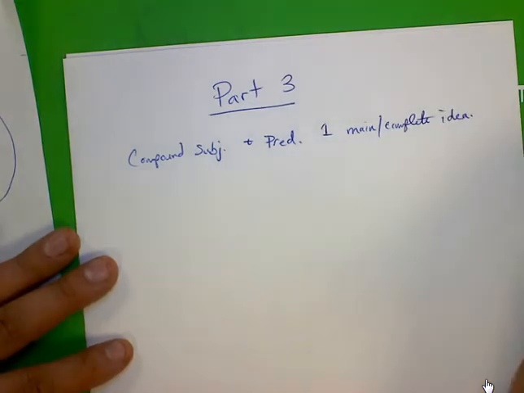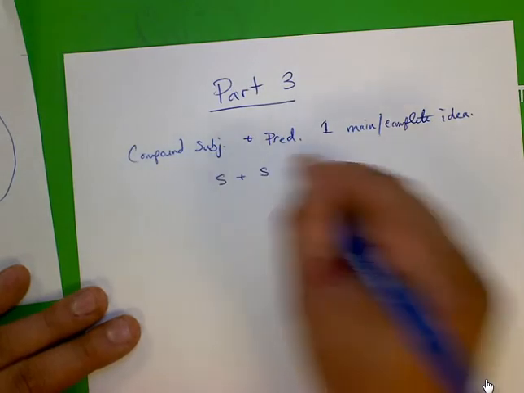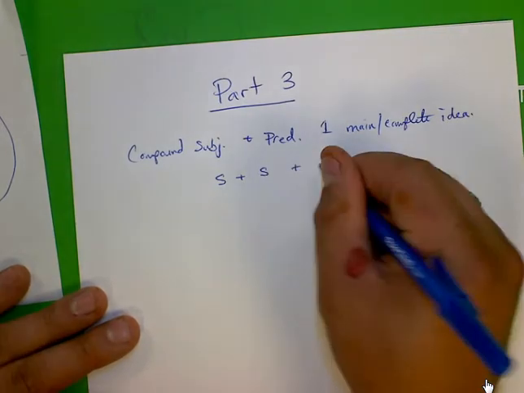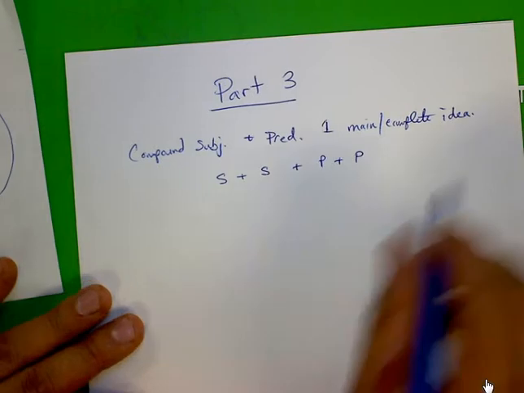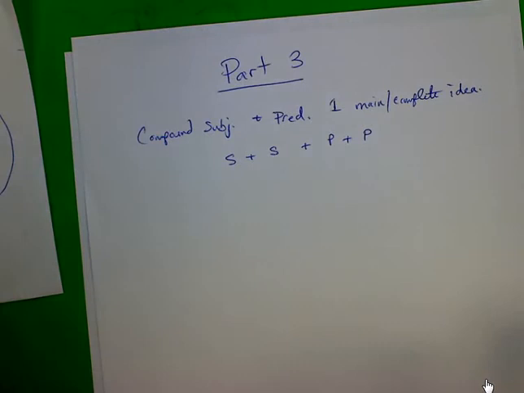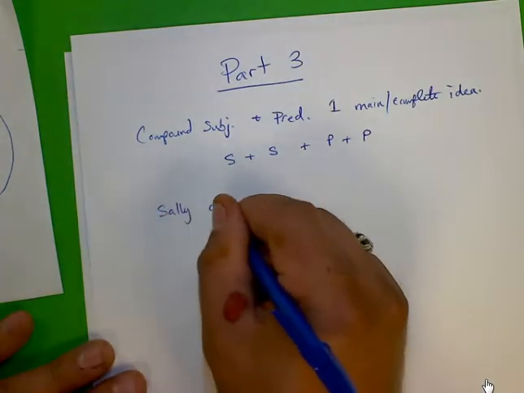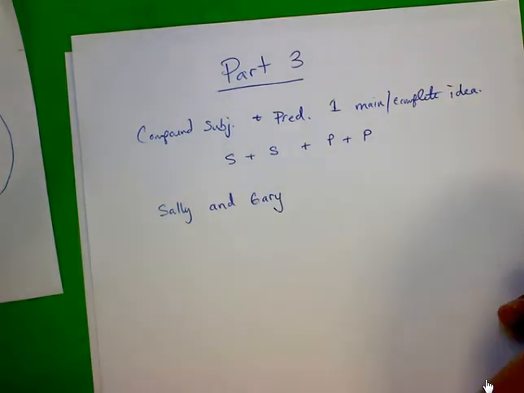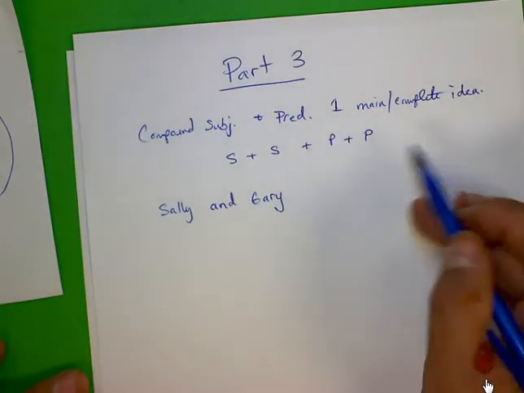Okay, so what this looks like on paper is a subject plus a subject, plus a predicate plus a predicate. So that means I'm going to have two subjects. I'm going to choose people because that's easiest. Sally and Gary. Okay. Now, what did Sally and Gary do? They have to do two things according to my map here.